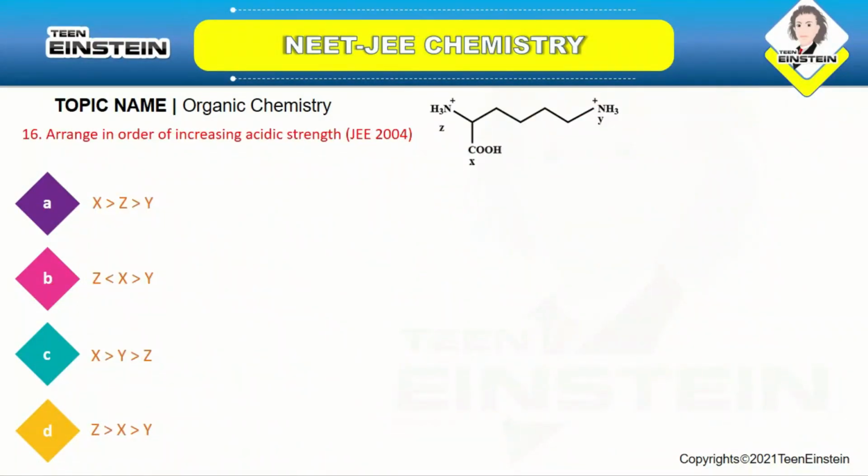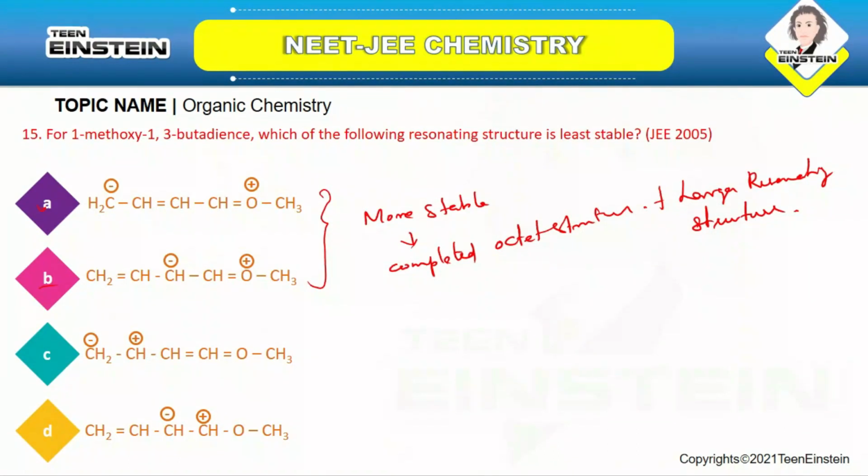So next come to structure D. Here the electron deficiency of the positive charge is duly compensated with the lone pair of the adjacent oxygen atom, which is not available in structure C. In structure D, this positive charge is duly compensated with the lone pair electrons of the adjacent oxygen atom, but in option C this support is not available.